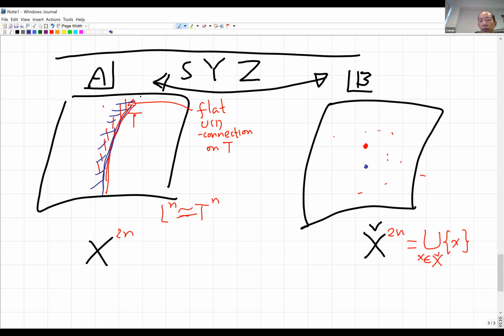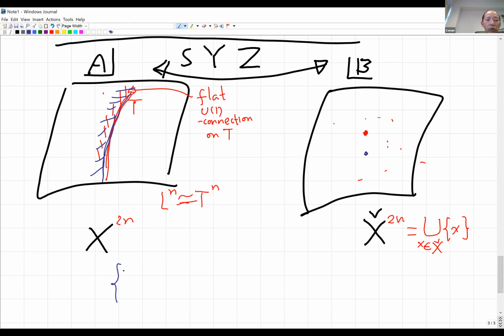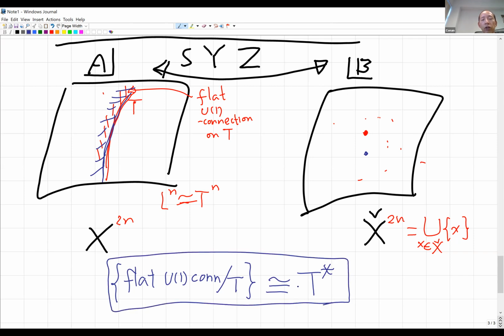Now, here's the most important point. If you look at all those flat U(1) gauge fields on the torus, this whole collection, up to equivalences, is the dual torus. So the earlier description of the dual torus has a geometric description. Once you fix a torus, it is all the flat U(1) gauge fields on the torus. Now you can look at many points.